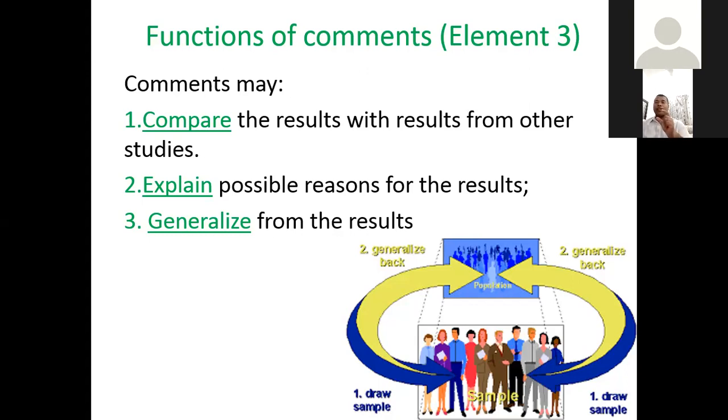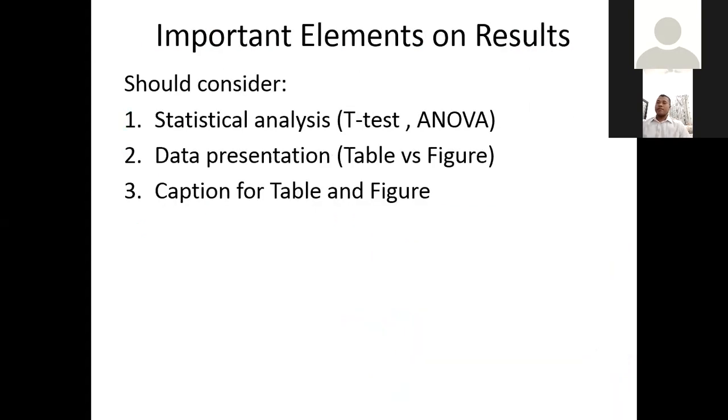Your finding is just a bit, so you have to generalize how it benefits populations. So that should be your discussion. For example, if you talk about microbe, is the drinking water safe or not to be used by the population? So that's the example. Okay, all right.